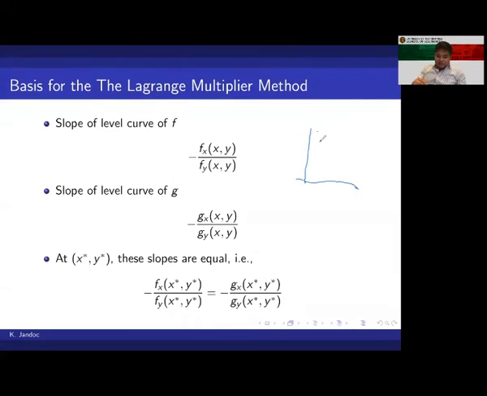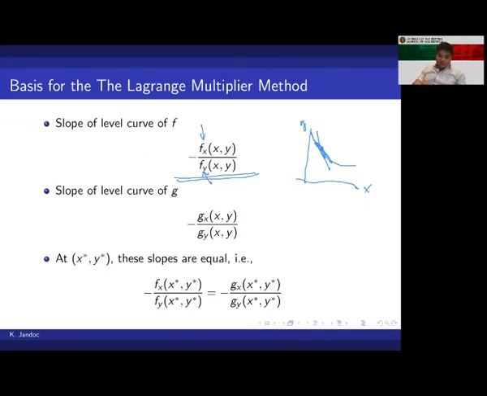This is x, this is y. We can find that slope via the expression negative f_x divided by f_y, where f_x is the partial derivative of f with respect to x, and f_y is the partial derivative of f with respect to y. This is due to the implicit function theorem.